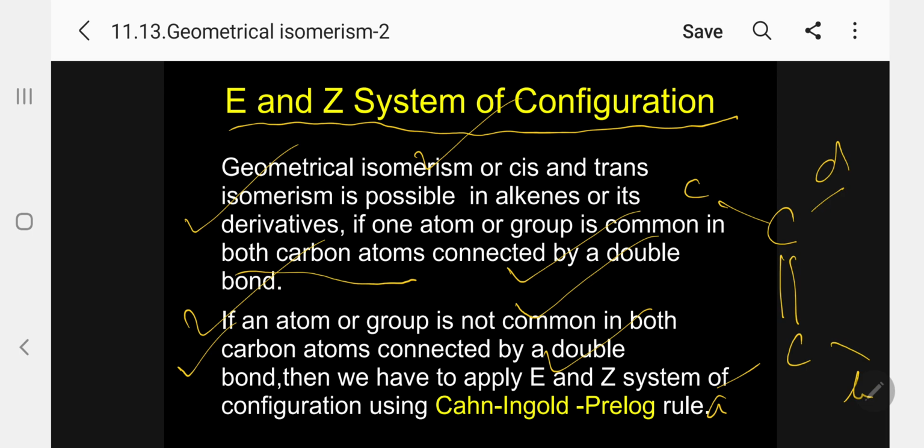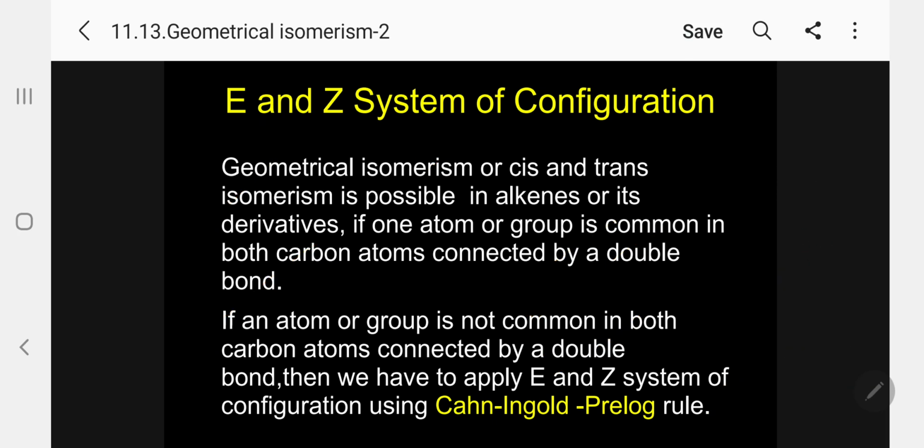Please follow. So you can apply the E and Z system here when no atom is common.